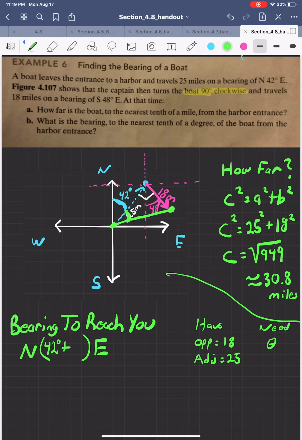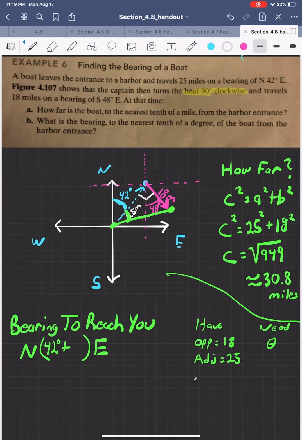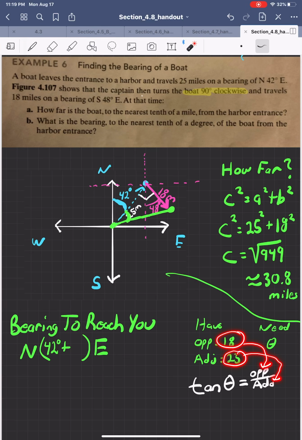Hopefully it makes sense that we're going to use tangent. So tan of theta is equal to the opposite over the adjacent. Ready? So let's fill in the information that we know. Let's put 25 for adjacent. Let's put 18 for opposite.